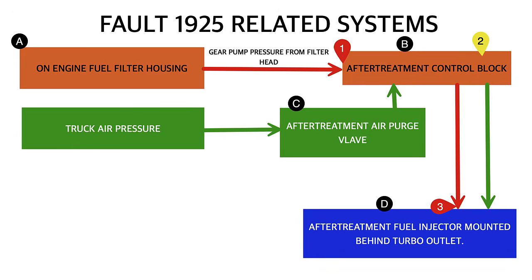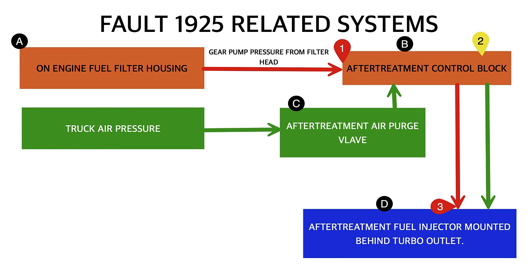So we're going to start back at the on-engine fuel filter housing, because driving down the road, there's pressure in there. That pressure goes through that red arrow where it says gear pump pressure from filter head, and it goes to the shutoff valve, number 1. That shutoff valve has got pressure against it all day, but when the system wants to start the regen, it looks at number 2.